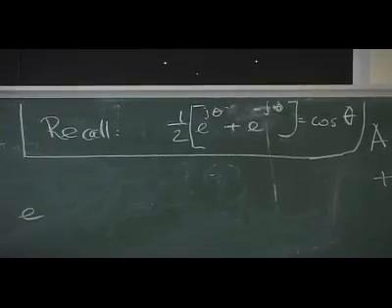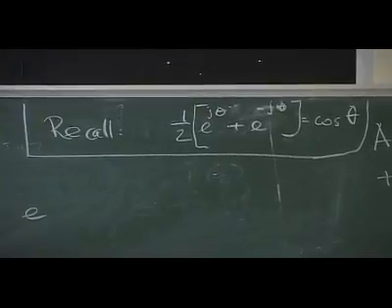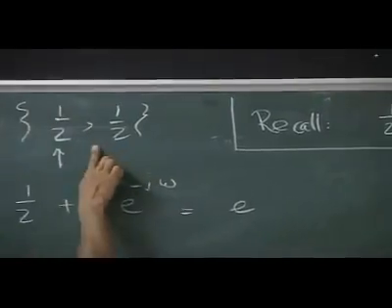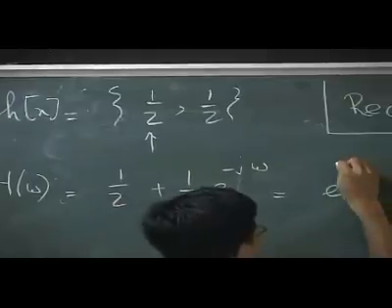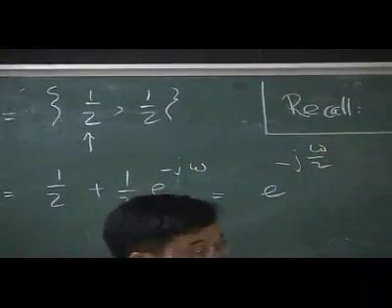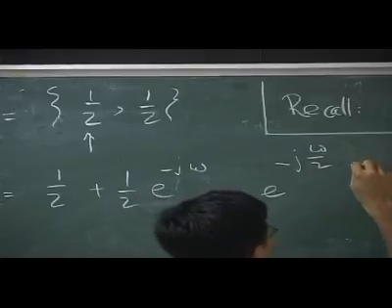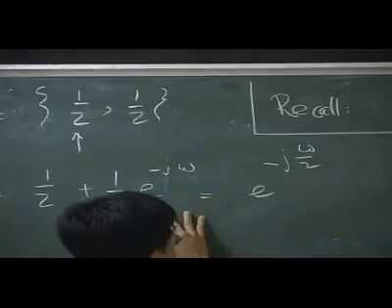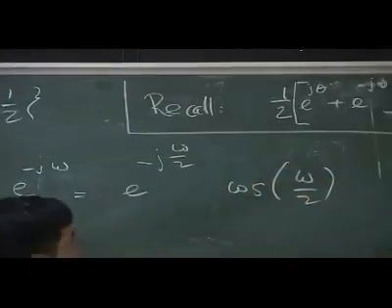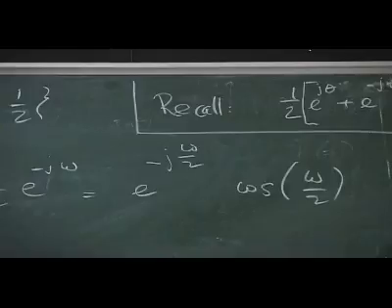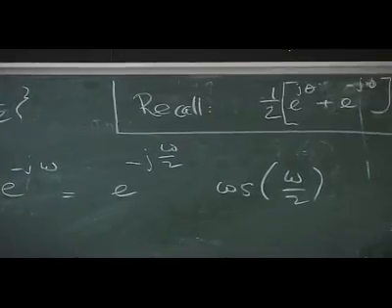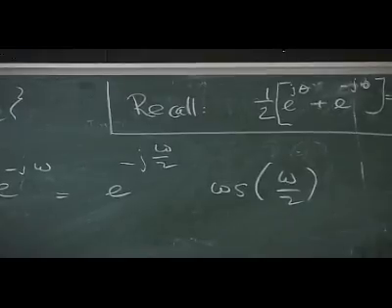To do that, the trick is to factorize so that this thing is right in the center: e^(-j omega over 2), and the other two parts give me cos of omega over 2. Yes, it's divided by 2. Everyone happy with this?